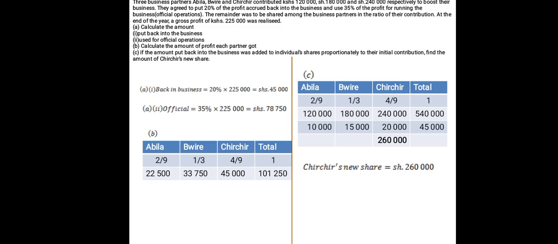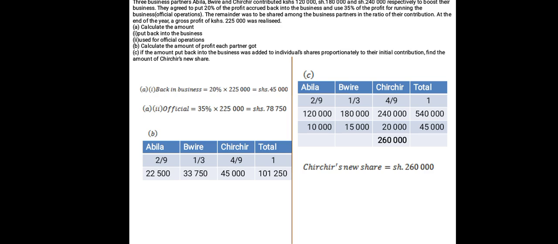Now, the amount that was taken back into the business, we just get 20% of the profit. This gives us 45,000. The amount that was to be used in the business for official purposes, we just take 35% of the profit, which gives us 78,750.